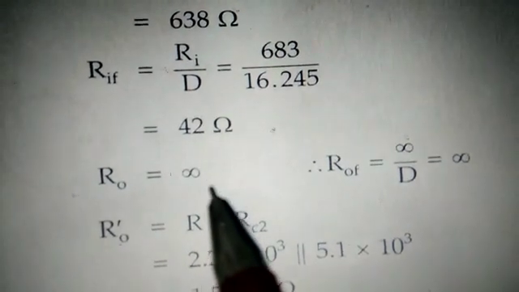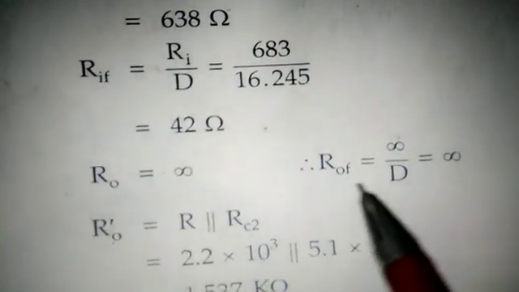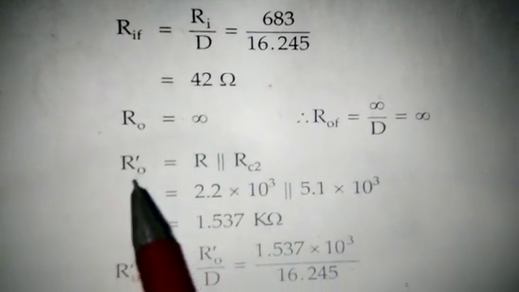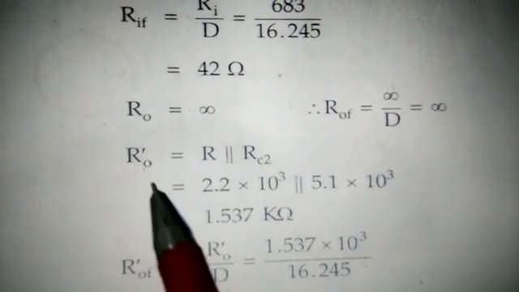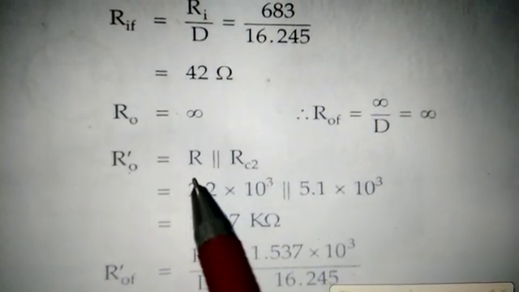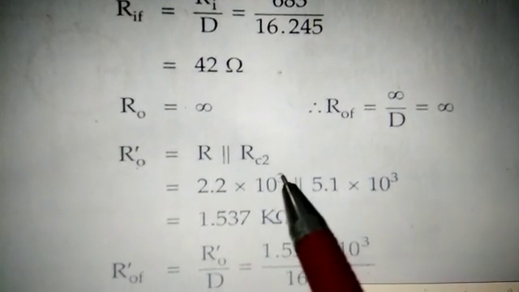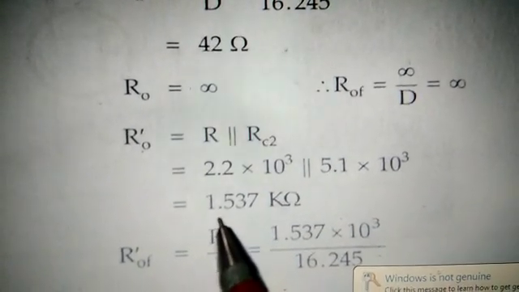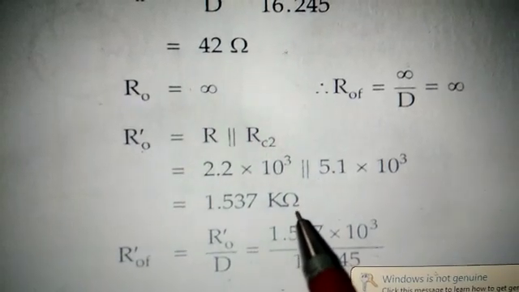RO is infinite in open loop. Hence ROF will be infinite by D. It is also infinite. But the overall effective output resistance is RO' without feedback. Looking at the circuit to the output side, we will get R parallel to RC2. R is given, RC2 is given, and the parallel combination is 1.537.